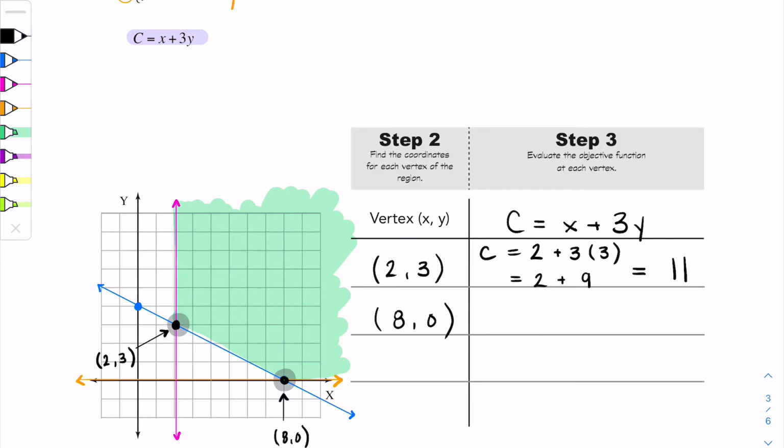The next ordered pair is at 8, 0. That would be 8 plus 3 times 0. This is equal to 8 plus 0, or 8.